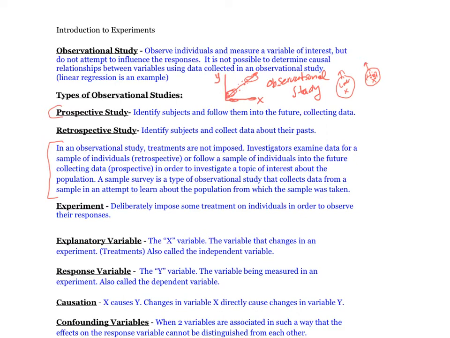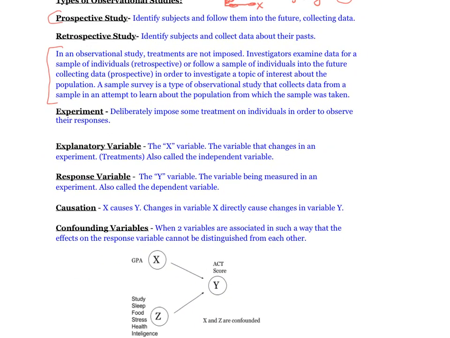We're just looking. In an experiment, we deliberately impose some treatment on individuals in order to observe their responses. Okay, so we're going to do something to the patients. Okay, and what we're going to do is manipulate what's called the explanatory variable. So the explanatory variable is the x variable.